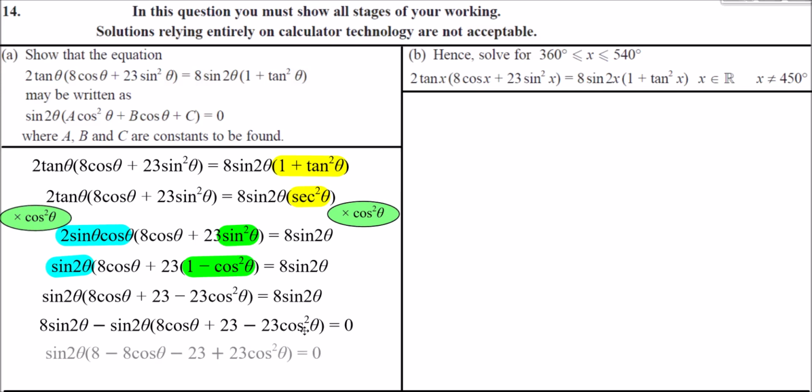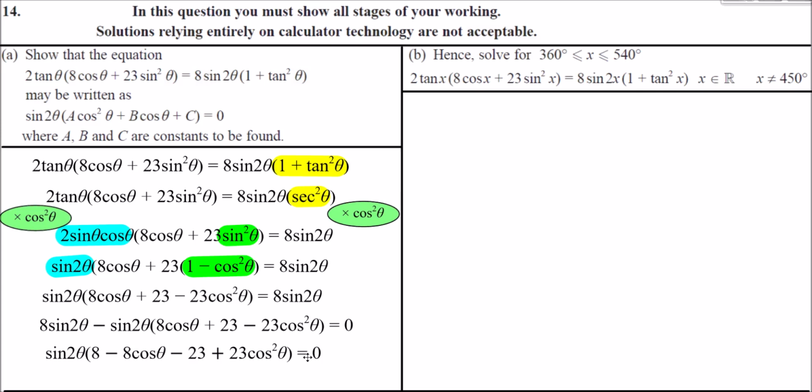For the next step, I can rearrange. I can factorise out the sine 2 theta. So sine 2 theta, I've got 8 lots of it here, minus 8 cos theta lots of it here, minus 23 lots because I've got minus sine 2 theta times 23, and minus sine 2 theta times minus 23 cos squared theta means I need to have a factor of 23 cos squared inside the bracket, and all that is equal to 0.